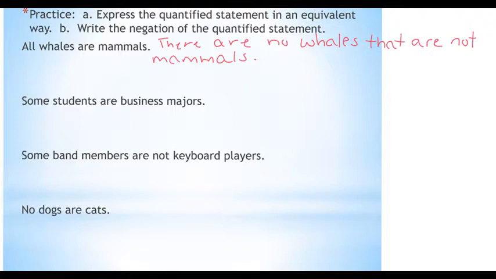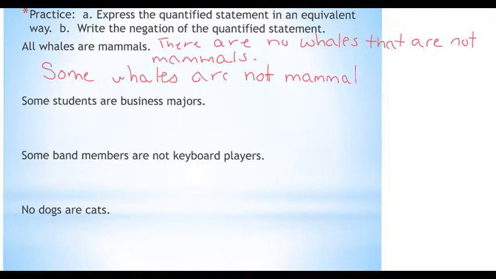Now the negation of this statement is going to be some whales are not mammals. And here you're going to see a pattern. So all, when you negate it, goes to some are not.